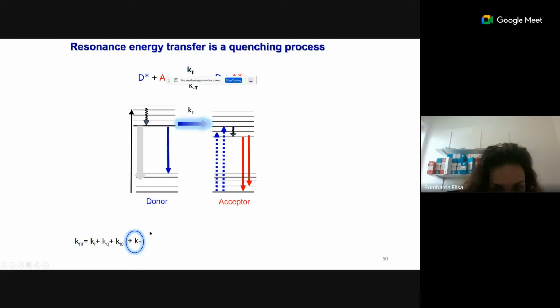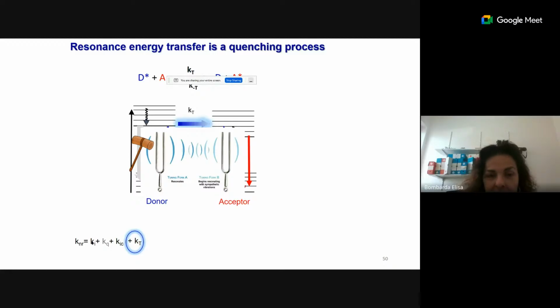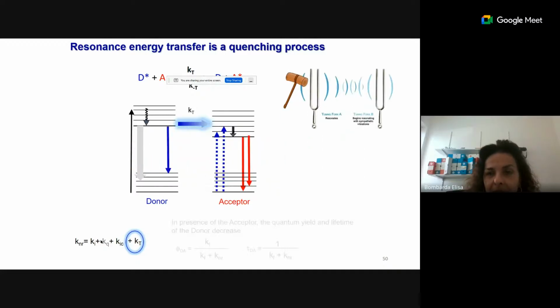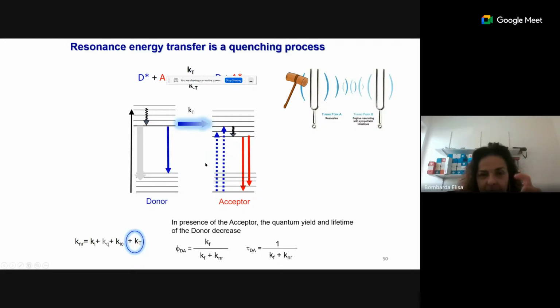So here is KT, the rate constant that increases the non-radiative rate constant. And this transfer is done by resonance, like in acoustics. We have to see this idea. So there are the dipoles that are getting in resonance.